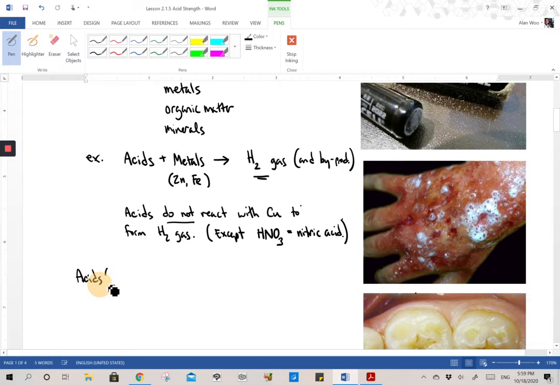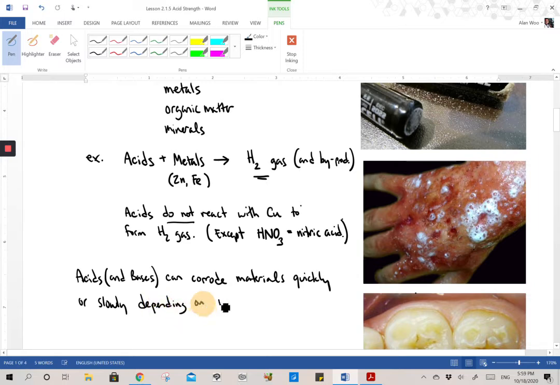Acids and bases can corrode materials quickly or slowly depending on molarity, which is basically concentration.